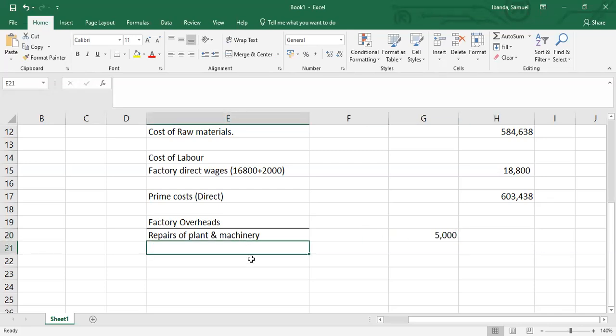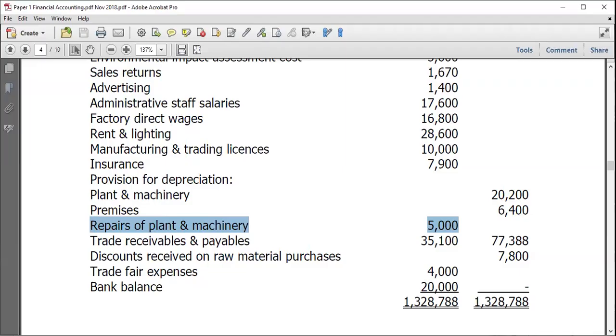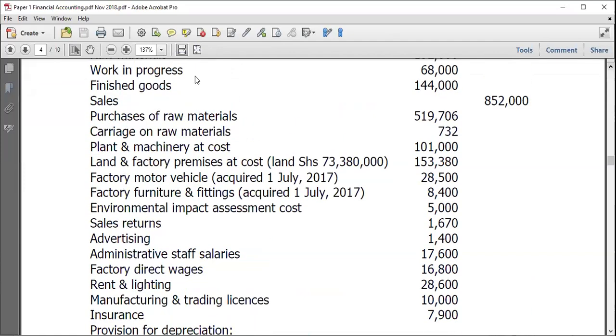Okay. So the next thing that I'm going to look at, I'm going to go back and check to see what other expense I can start with. Now I may not have any option but to start from the beginning. So the first expense I'm going to look at is the depreciation of this factory premise.